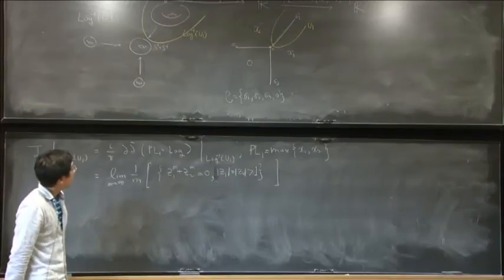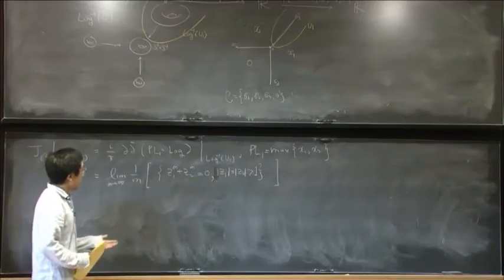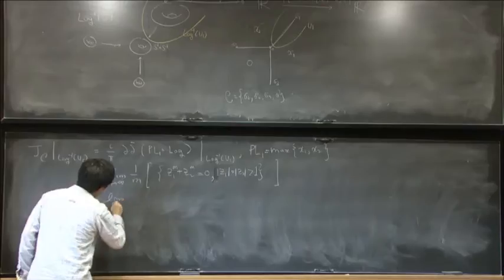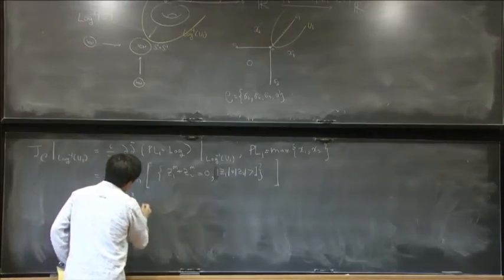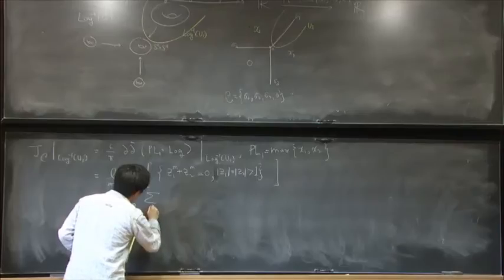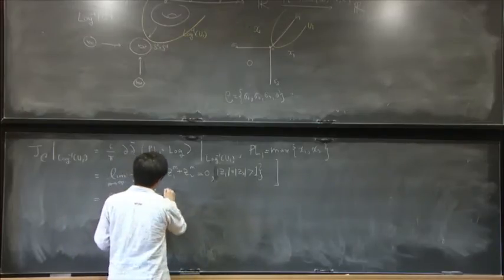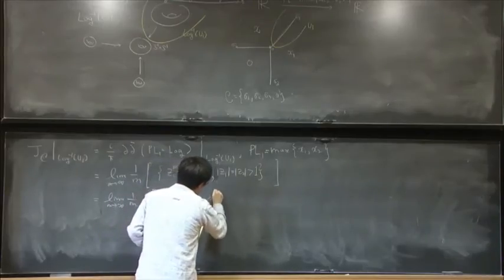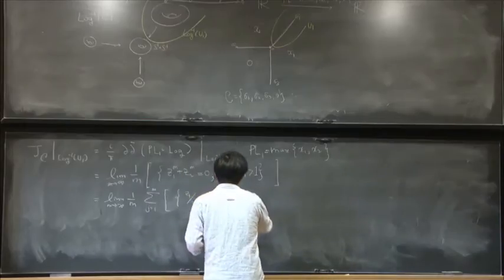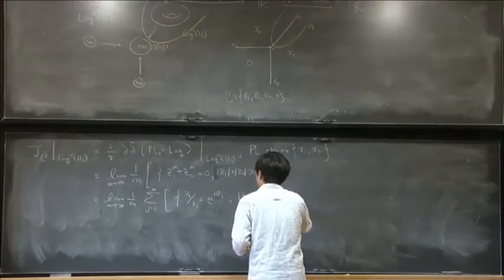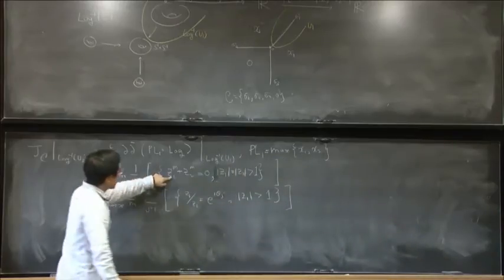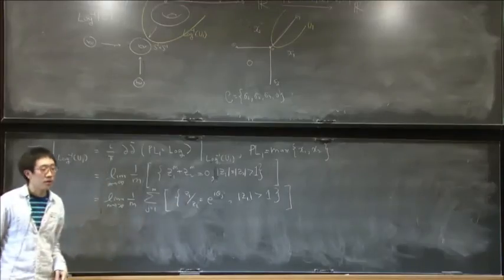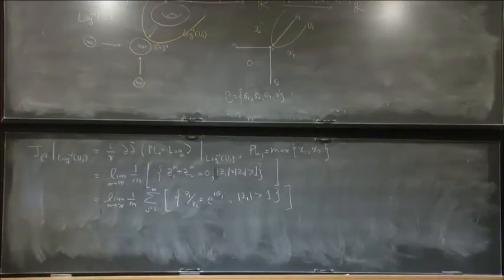Well, this is simpler because I have one less term, and hence I have the factorization. So this is the limit as m goes to infinity of 1 over m and the sum from j = 1 to m of the set where z1 over z2 is e to the i zeta j, where the modulus of z1 is greater than 1. This is because this thing is a product of m linear forms, and each one of them gives you this equation, and you sum it over all those m irreducible components.